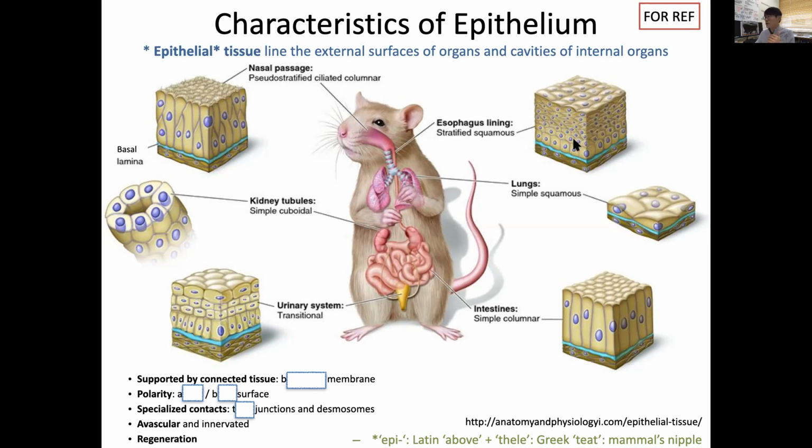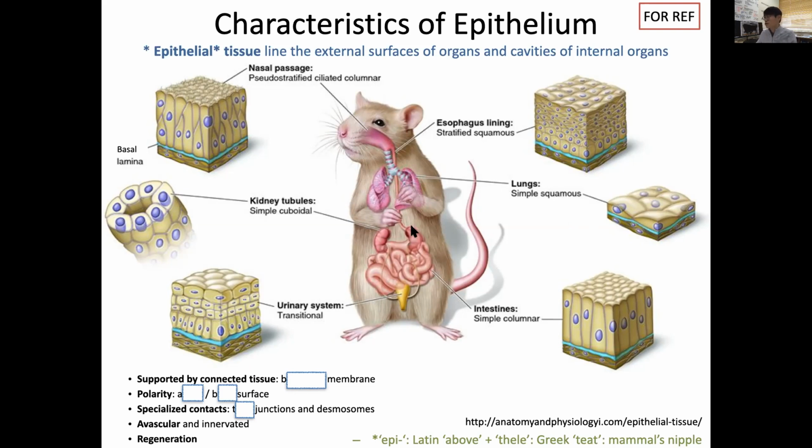Then the esophagus, which is linked to the stomach, has a lining with multiple layers of epithelial cells. In the lungs, you can see the lung is also covered with epithelial cells because it's facing the air and the lung tissue. You can see a simple squamous epithelium, a very thin layer expediting the diffusion of oxygen and carbon dioxide.